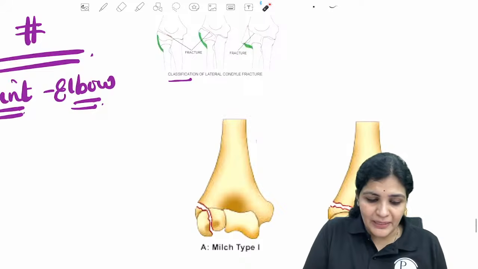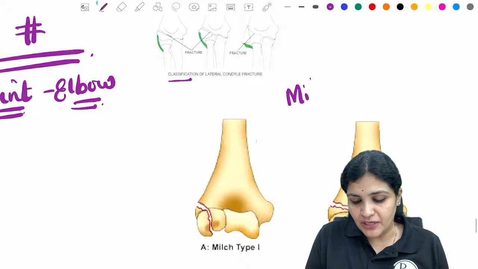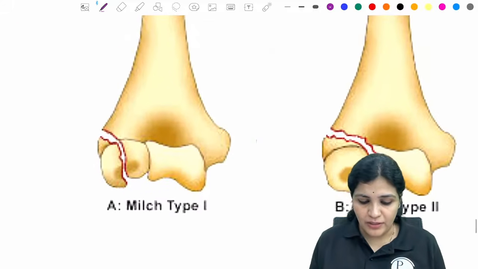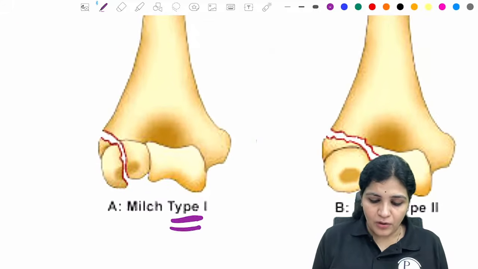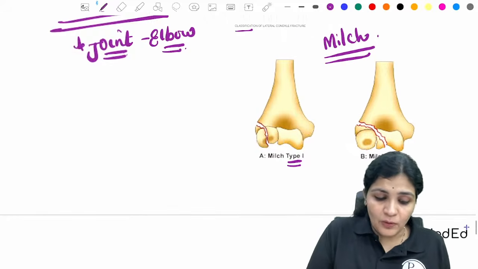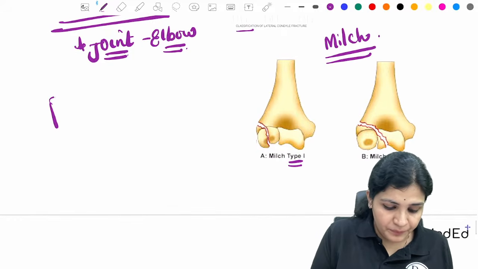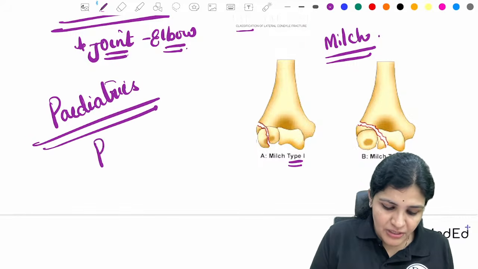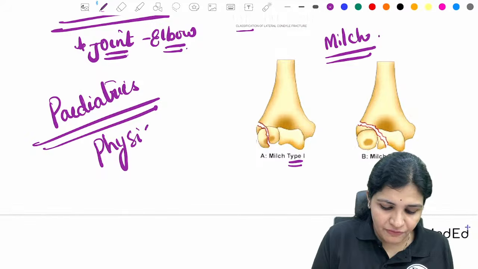But you have to remember the classification name here, it is Milch. Going back to the lateral condyle, it is more common in the pediatric population, and if you see, this is involving the physis.